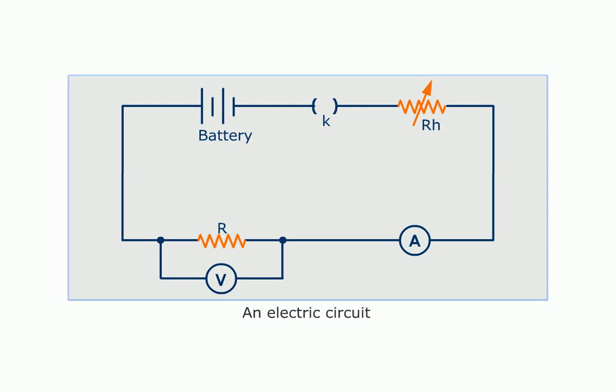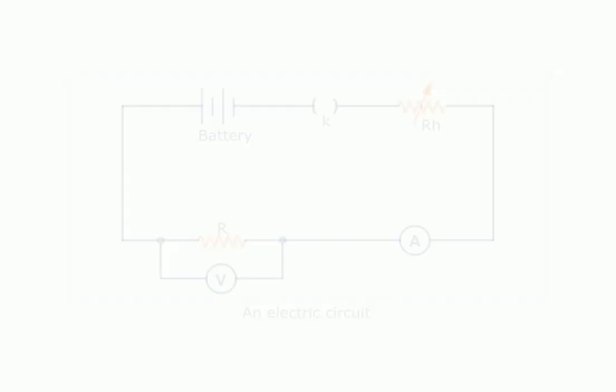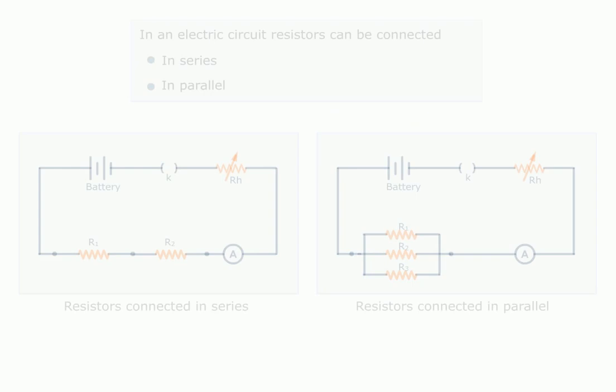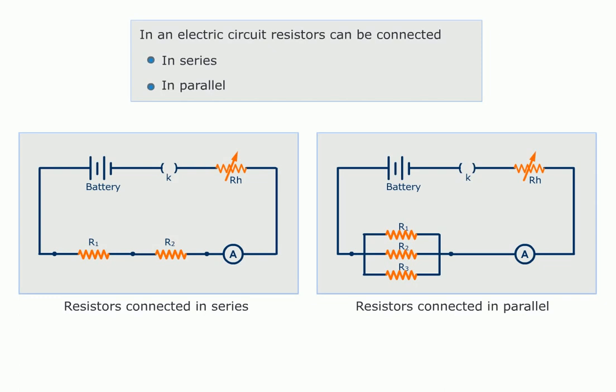In this circuit, resistor is denoted by capital R. Observe carefully. Always we have to show resistance like this. And in an electric circuit, resistors can be connected in series or in parallel.